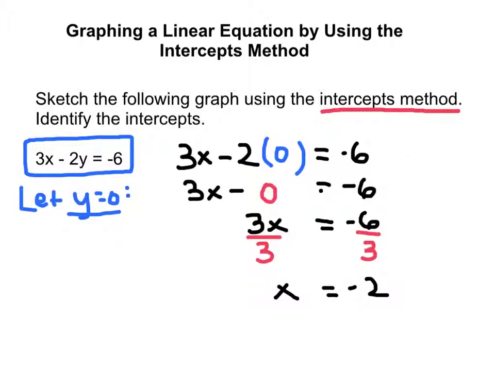What I always do every time I'm using the intercepts method is write my ordered pair after I find the missing variable. Remember that x always comes first, and this time this is the x value. So negative 2 comes first, and then y equals 0.